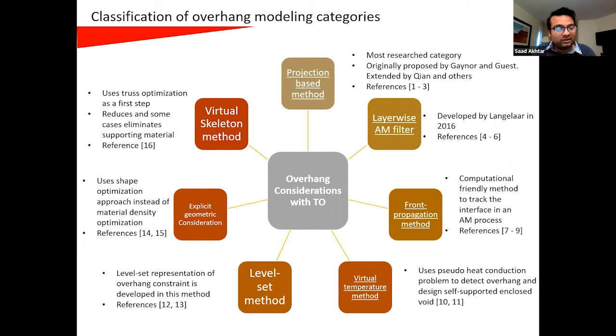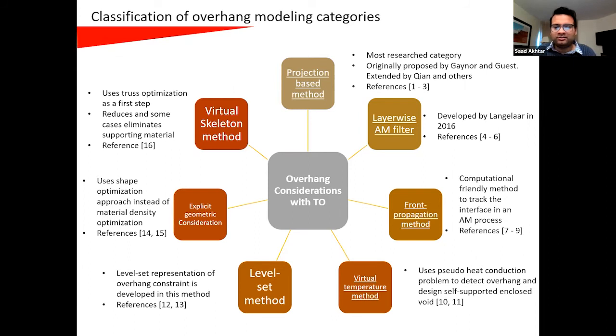The level set method is another interesting technique where you can also incorporate the overhang constraint, but that method is more suited for sharp topology optimization approaches, whereas the approach that we had at NRC was more diffuse. Although they are working on building a sharp topology optimization framework, and once we have that, I think the level set method would be a good contender to incorporate the additive manufacturing constraints. But for our problem, it wasn't really suitable.